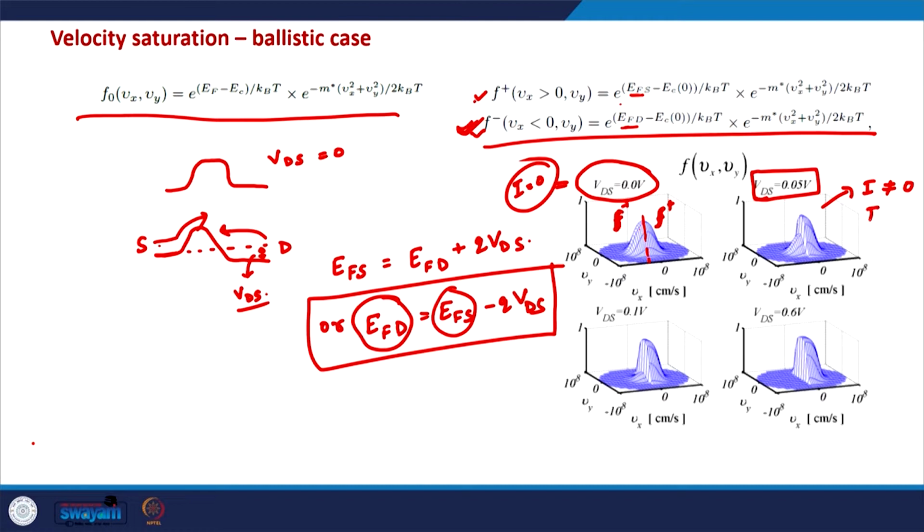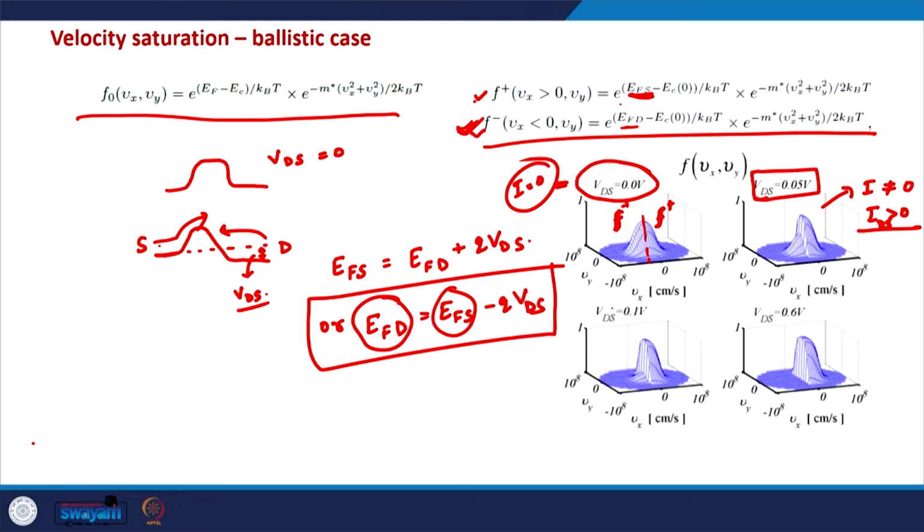Now IDS is greater than 0, and as this VDS is increased, as expected here, this negative velocity distribution is getting smaller and smaller because the value of EFD is now quite below the value of EFS.